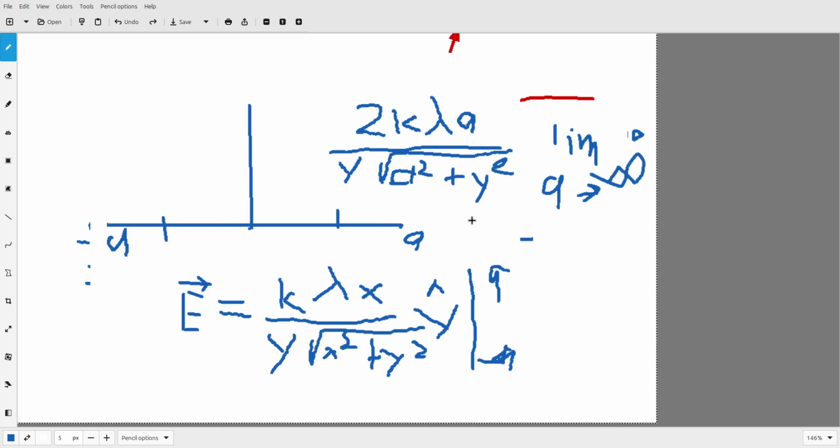That means we're extending this out in both directions. These are going to go away. We have a linear power of A in the numerator and the denominator. The y squared isn't going to matter here, okay?